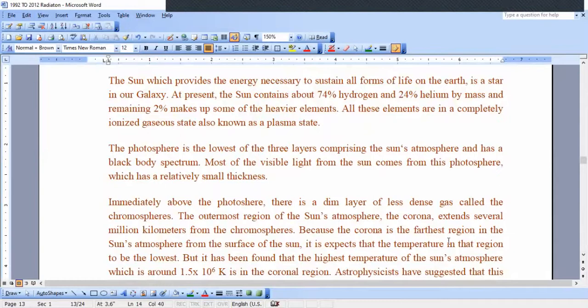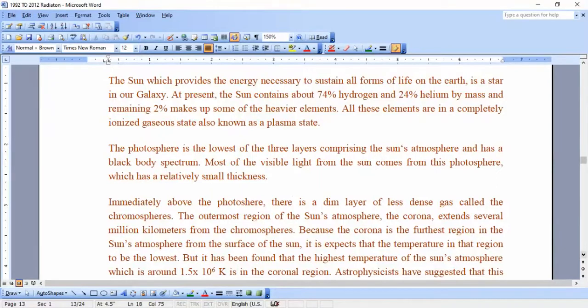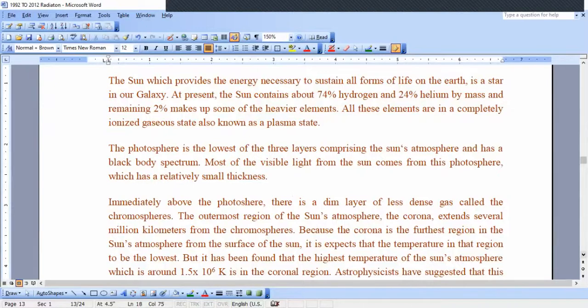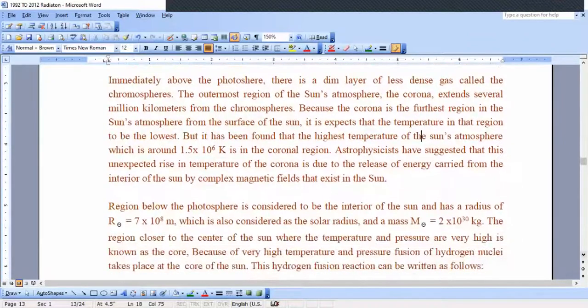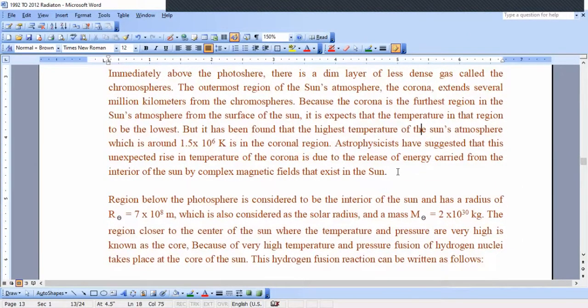Because the corona is the furthest region in the sun's atmosphere from the surface of the sun, it is expected that the temperature in that region would be the lowest, but it has been found that the highest temperature of the sun's atmosphere, which is around 1.5 times 10 to the power 6 Kelvin, is in the coronal region.